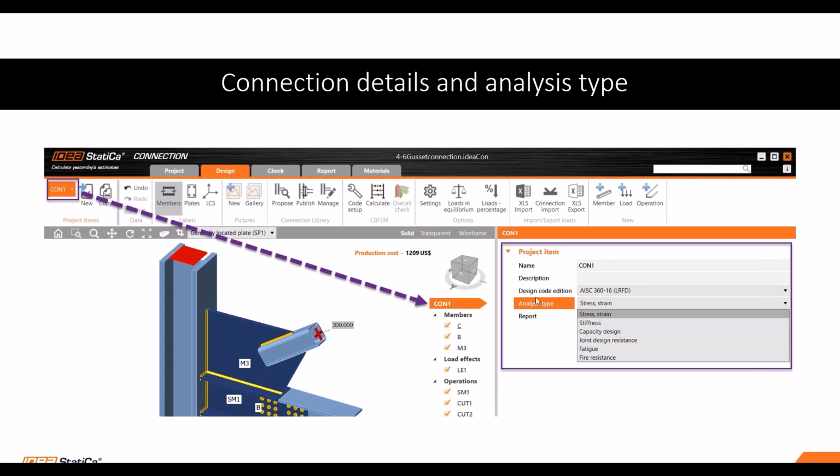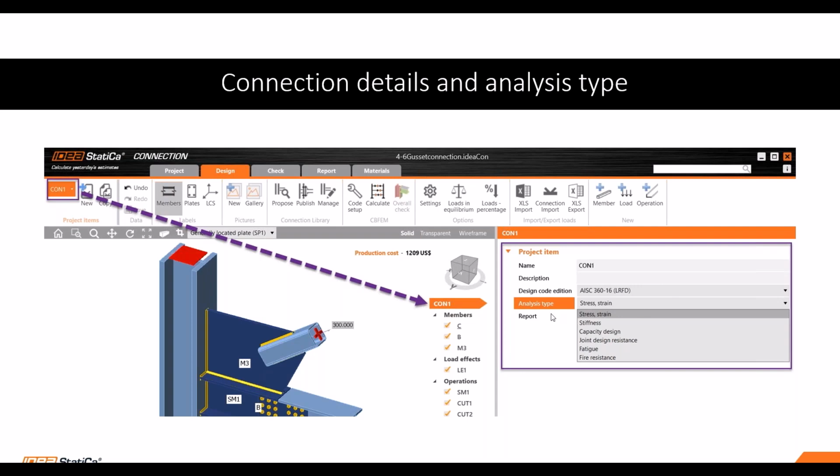And another important thing is that now the analysis type is selected from this area. In the previous version, if you remember, or if you're still using the software in a previous version, we had all the analysis types over here with the initials of the analysis name. I believe this is a better way to visualize and make sure what type of analysis you're using for that specific connection.